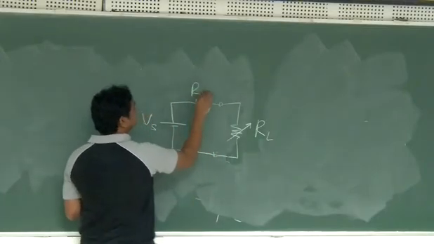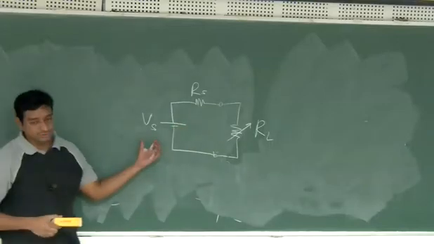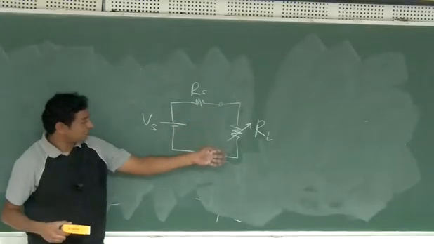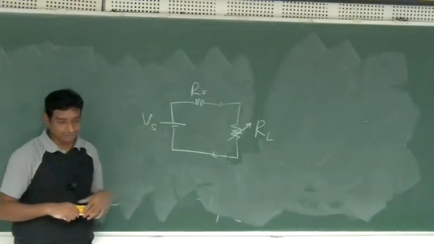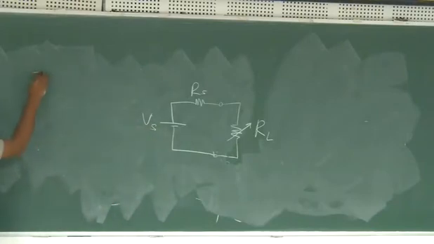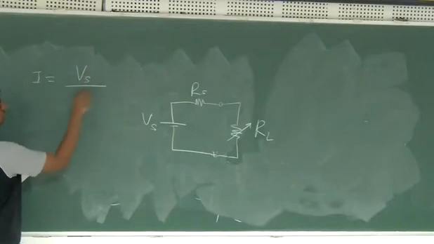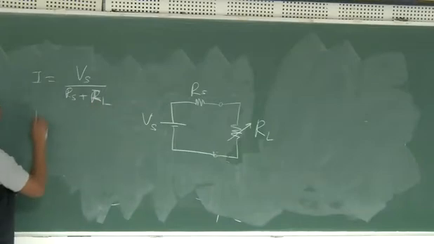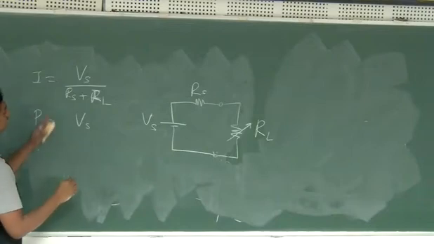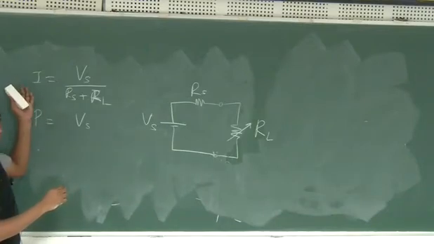Okay. So in other words, source voltage and source resistance. And then what value of RL will give maximum power? Okay. Same calculation. Current is nothing but VS divided by RS plus RL. Okay. And then power is nothing but VS into I. That is power.